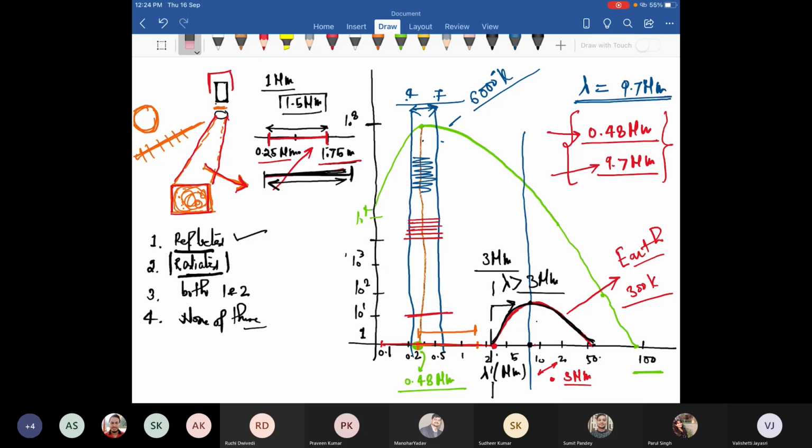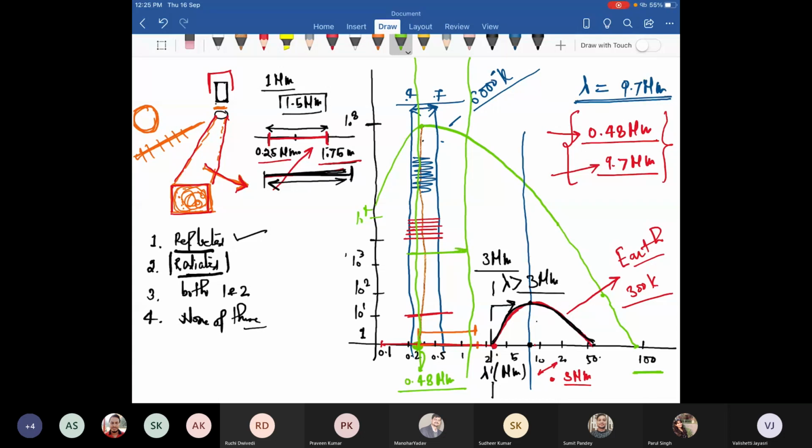And one more part over here: if this is a reflected component, the reflected component will not be the same as the energy the sun radiates. 0.25 to 1.75 micrometer, if you plot this boundary, let's say 0.25 lies somewhere over here, and 1.75 will go somewhere here.